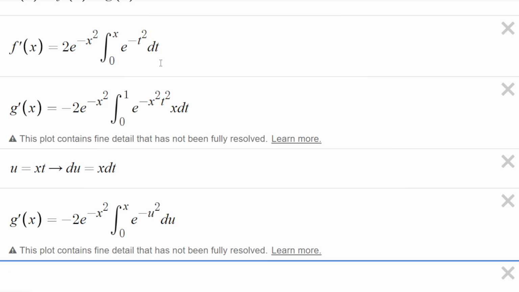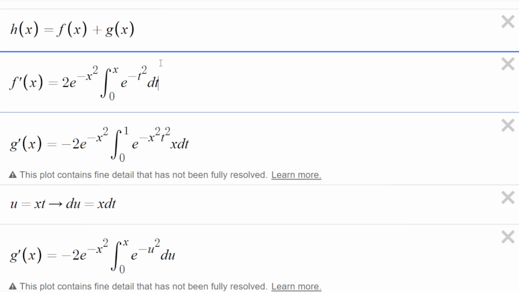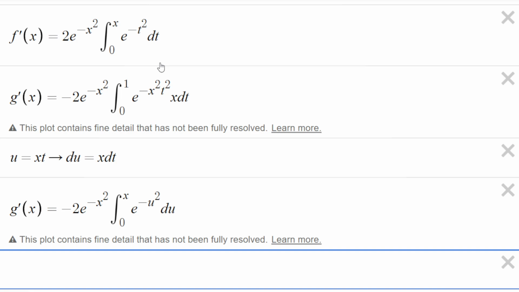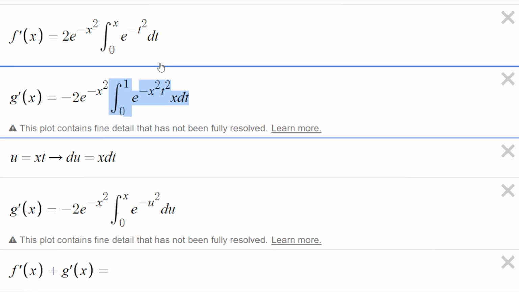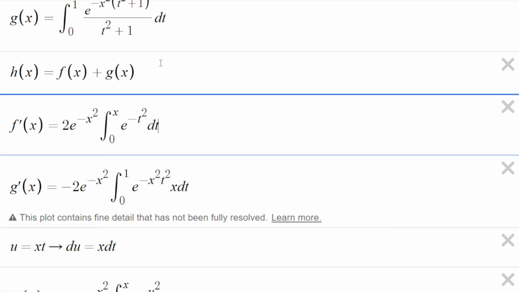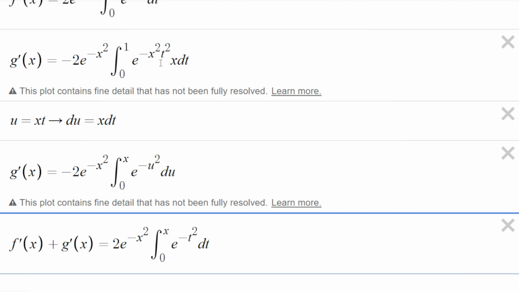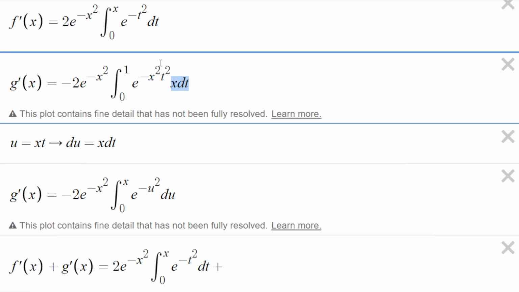All right, well, that's interesting because that is exactly our f prime of x. So we have f prime of x plus g prime of x equal to this plus this.